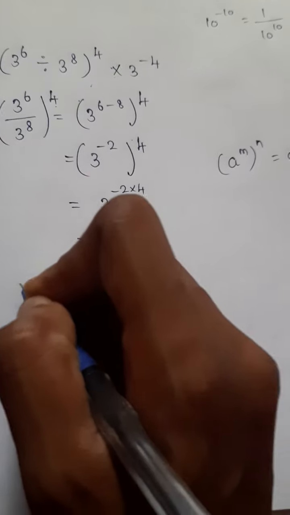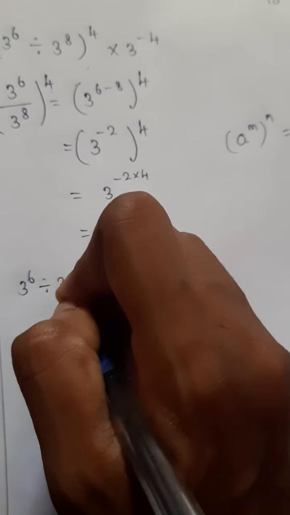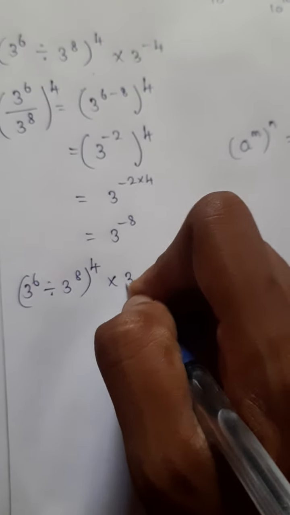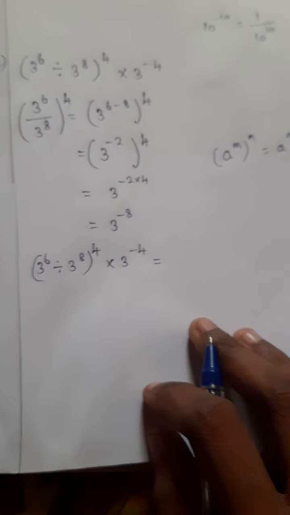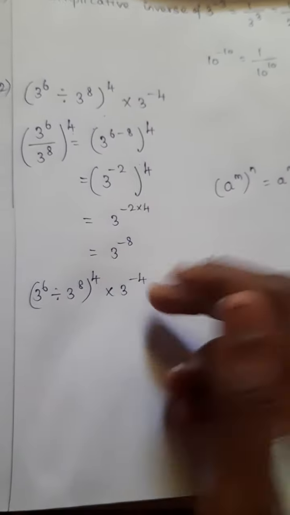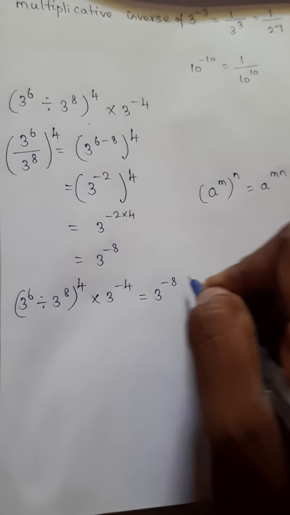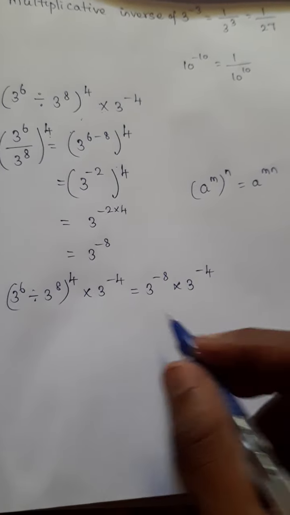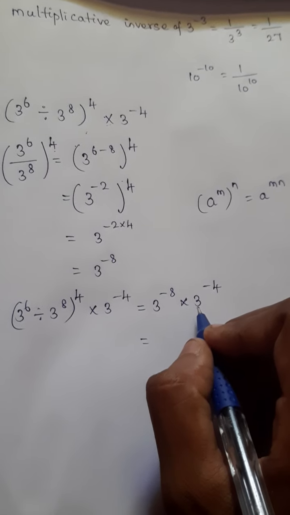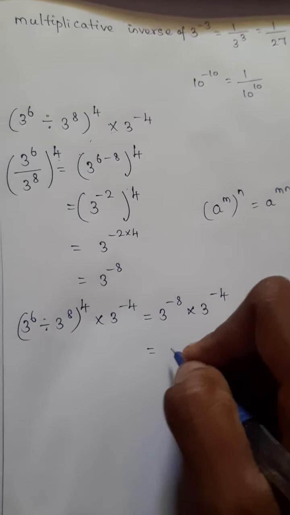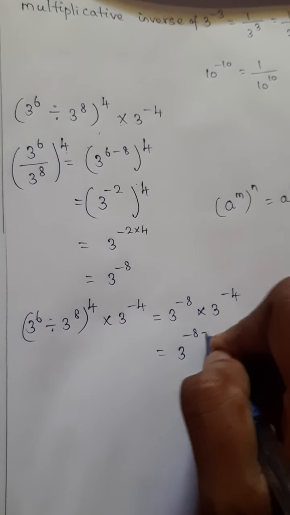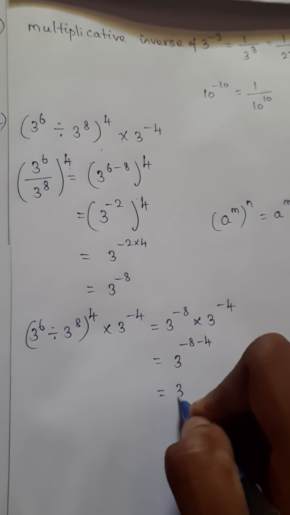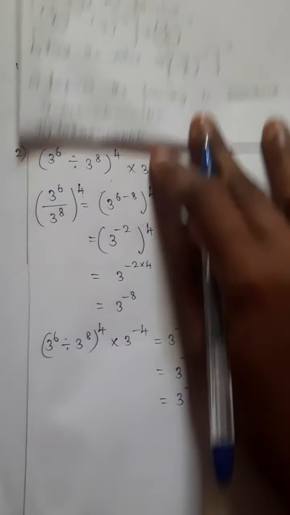So we write the given: 3 power minus 8 into 3 power minus 4. The bases are same, so in multiplication powers can be added: 3 power minus 8 minus 4. What is the answer? 3 power minus 12.